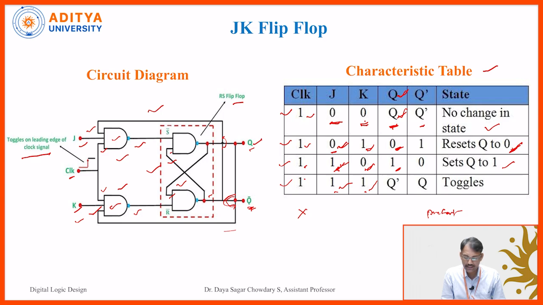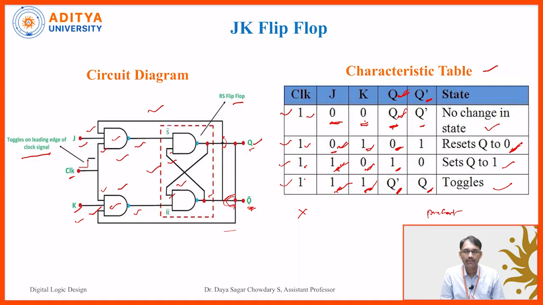And finally, this is an invalid condition in the SR flip-flop. Now we have to eliminate this invalid condition. So when both inputs are high, that means the JK inputs are 1 1, we can define this combination as a toggling condition. Toggling condition means if q is there, the output is q bar, and if q bar is there, the output is q.